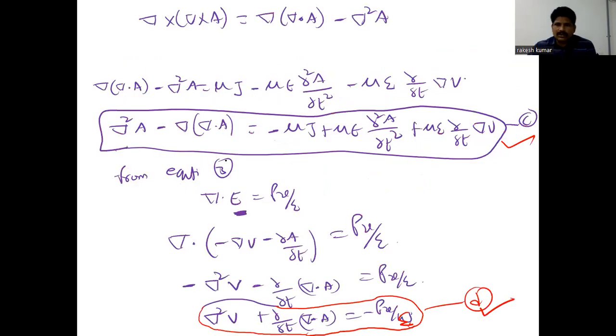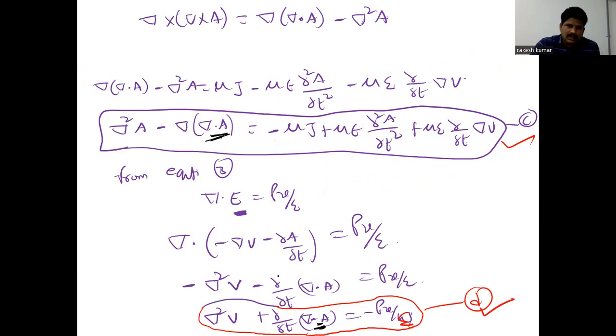If you observe here, in equation C we have del by del t, and in equation D also we have del by del t. To simplify this, in place of del by del t we replace it with the Lorentz gauge condition.